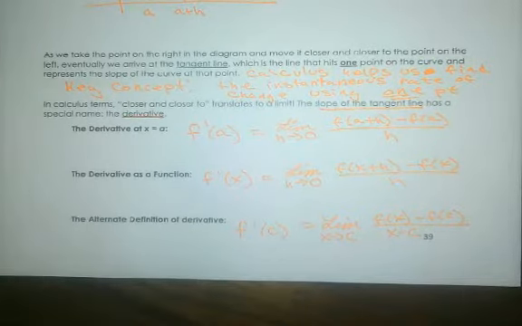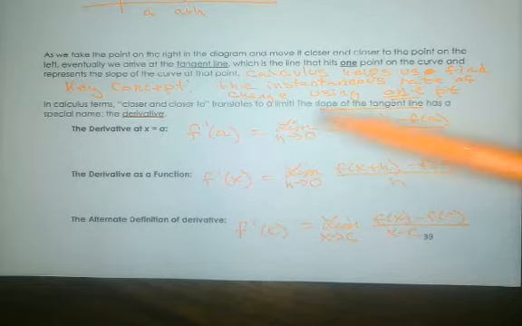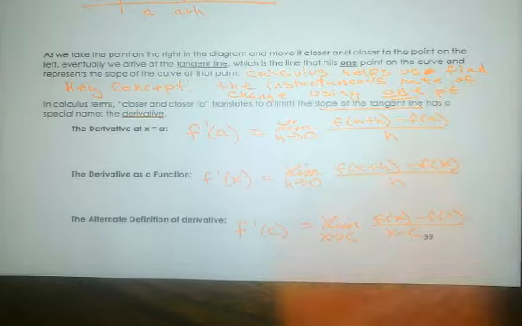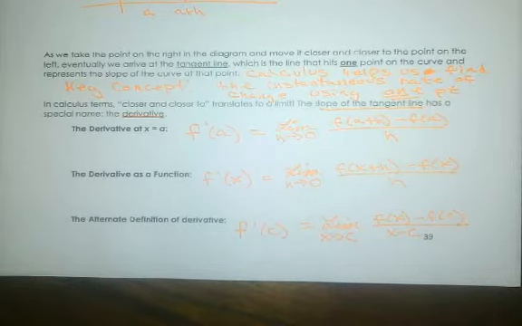So sometimes you'll see that one. That one's not quite as common. Again, this first one, your answer is going to be a numeric output. The second one, your answer is going to have an x in it, because then you'd be able to plug in at any given x value to find the instantaneous rate of change at any point on that equation or that function. And then this alternate definition shows up sometimes in the multiple choice of the AP exam. So we'll just have that to be familiar.